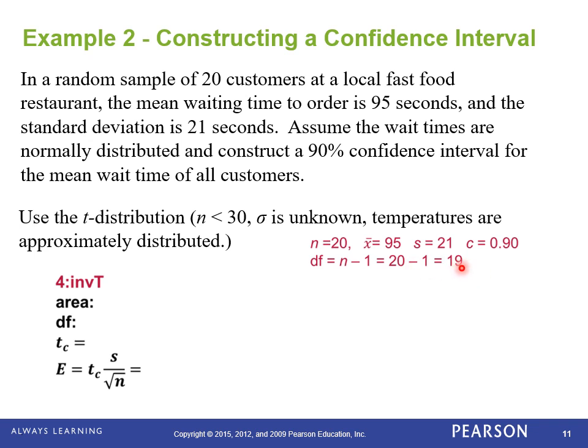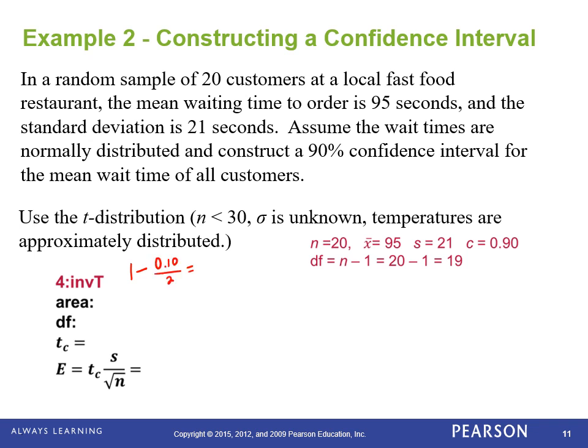If we want to find our area, we think about it this way: if you have 0.90, then we have to think about 1 minus what's left. If I take that away from 1, I get 0.10.